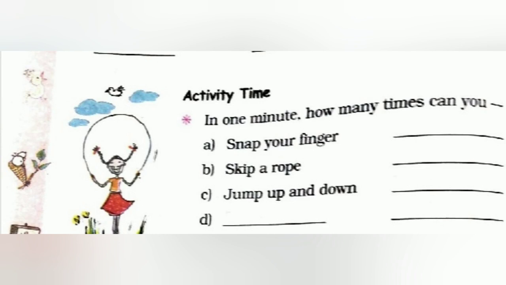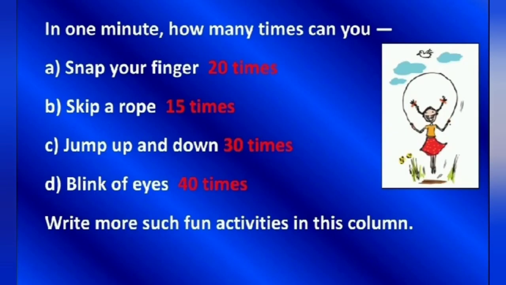It is once again 30 times or more than 30 times in a minute. Now, blink of eyes. Yes, I can blink 40 times or more than 40 times sometimes. You can write more such fun activities in this column, and you can add it in your notebook as well.